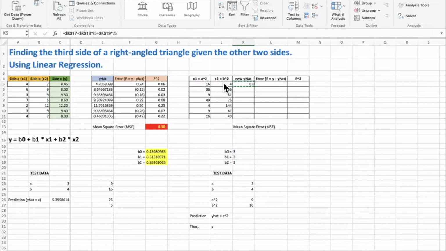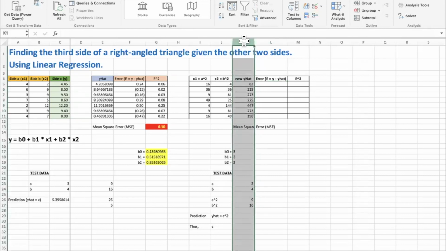So now let us copy this formula to the remaining data points also. So now we have got the predicted values of y, given that we are finding the relationship between a square plus b square and c square. As usual, again let us try to figure out the error.